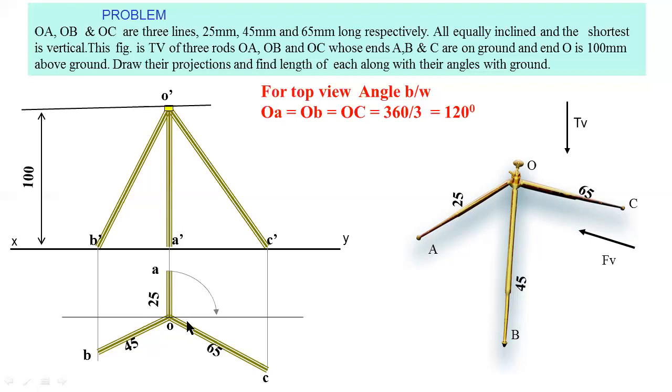Take a compass, with point O as center and OA as radius. Draw an arc like this. Once again, I repeat. With the compass, OA as radius and O as center, draw an arc in clockwise direction like this.